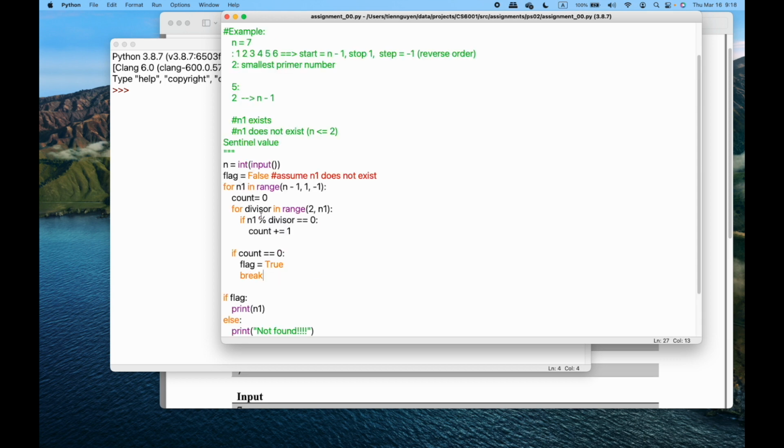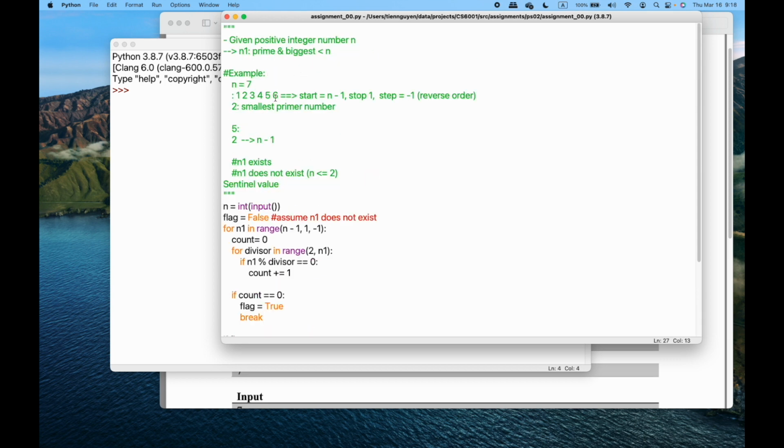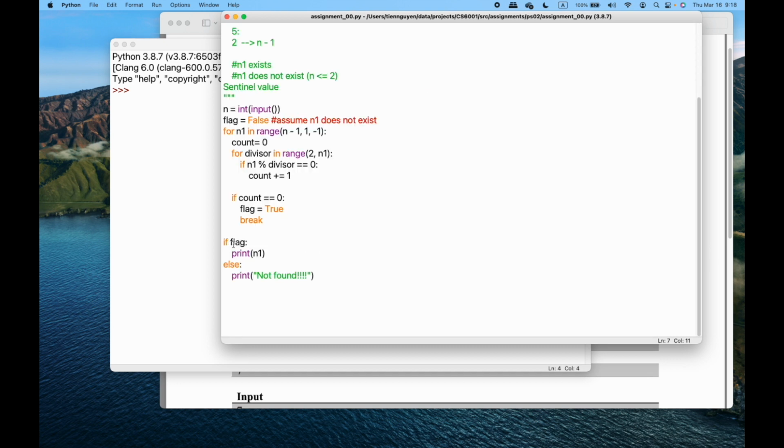We don't need it anymore, because if we kept going through the for loop, even though we hit the first prime number, we would hit the second prime number, 3, but 3 is not what we want to find. Then we consider the flag value. If it is true, it means we hit it, so n1 exists, and we print out n1. Otherwise, we print out not found. That's what we need to do.